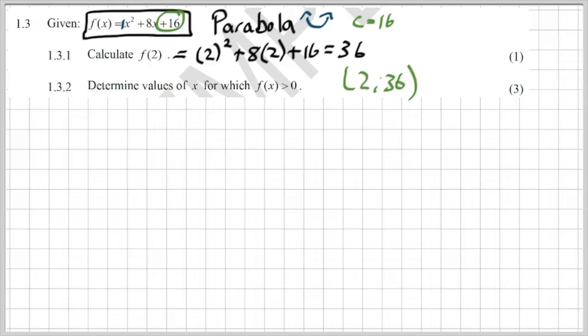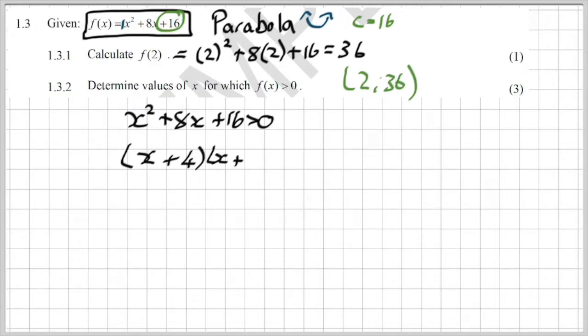When we get to question 1.3.2, where it says determine the values of x for which f of x is greater than 0, I'm putting x squared plus 8x plus 16 greater than 0. Now I need to solve it. It is a quadratic inequality, which means I've got x plus 4 and x plus 4 greater than 0, which is x plus 4 squared greater than 0.